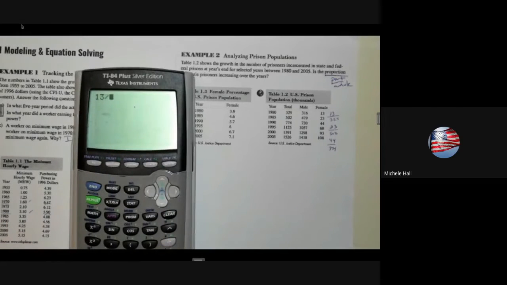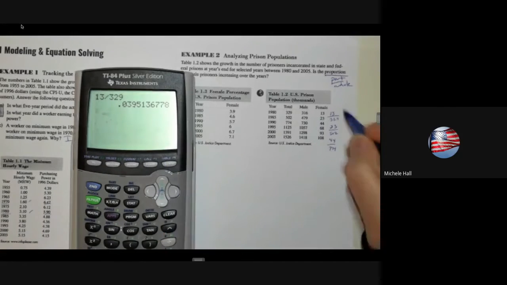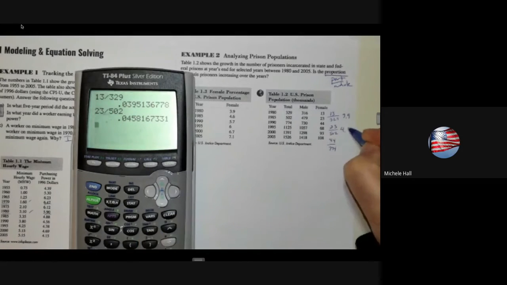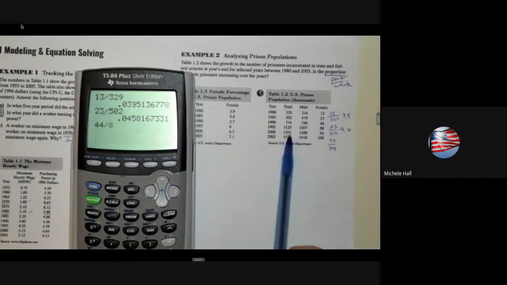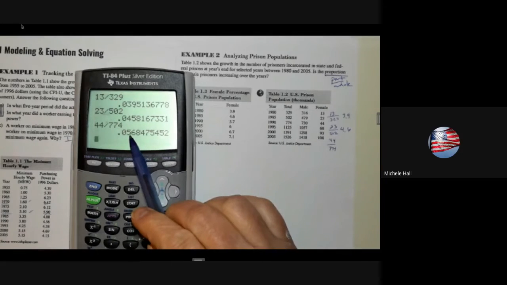13 divided by 329 would be 3.9%. 23 divided by 502 would be 4.6. 44 divided by 774 would be 5.7.